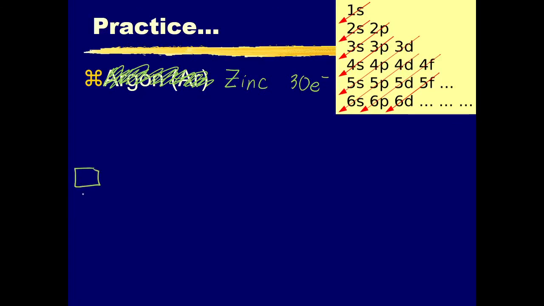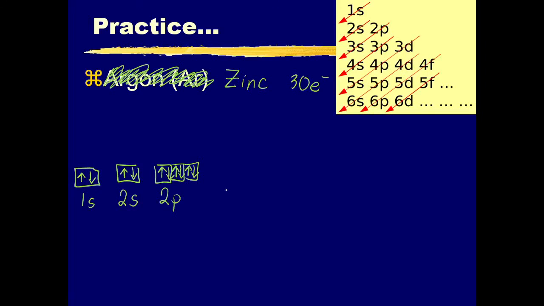Oh, starta. Starta ni 1s. Arrow up, arrow down. Sunod ni 1s, 2s. Arrow up, arrow down. Sunod ni 2s, 2p. That's arrow up, arrow up, arrow up, arrow down, arrow down, arrow down.